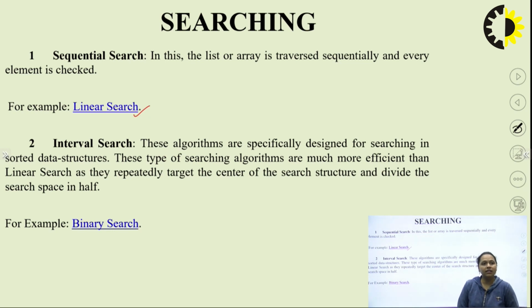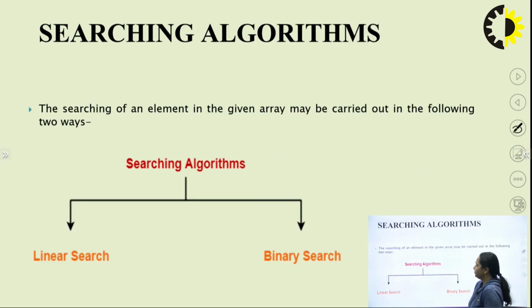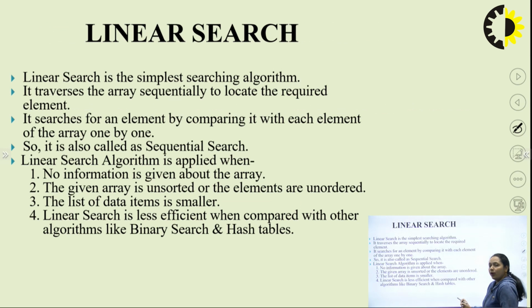In interval search, the data is divided into parts, and within those parts we look for the particular element. The example is binary search. So broadly we can classify that we have two types of searching techniques, linear search and binary search. One by one we are going to discuss these two kinds of searches.